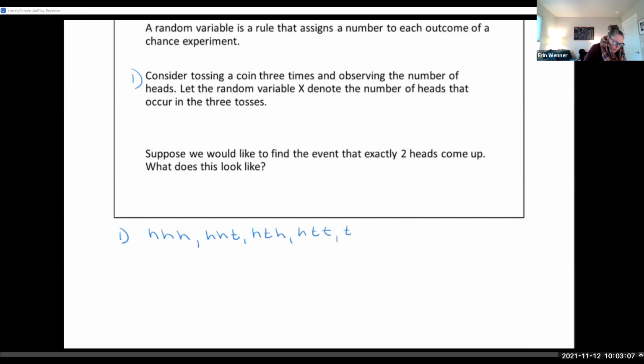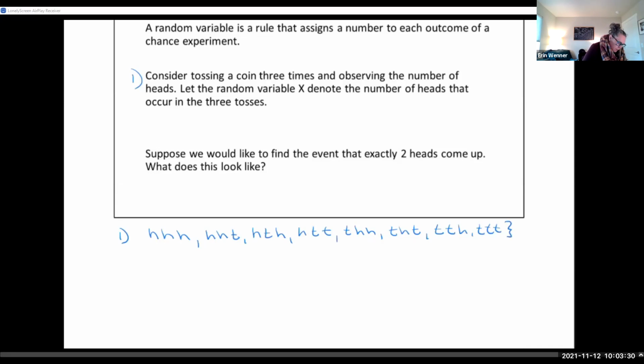Then we can start with a tail and have 2 heads. Again, this is all going back to our tree diagram of tossing the coin 3 times. Next we can have a tail and then a head and a tail, a tail, a tail, and a head. And then our last one could be 3 tails.